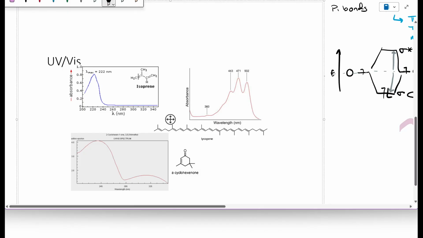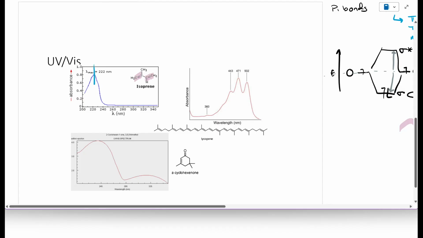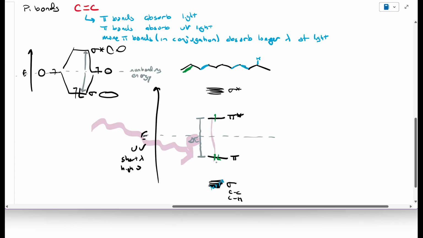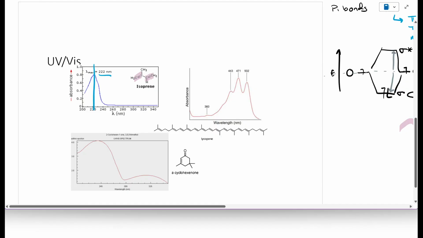Notice that isoprene, in this case, has 2 pi bonds. I'll talk about that in a second. This wavelength here, which they're telling us is 222 nanometers, is the energy required to excite the pi electron up to a higher energy level. That one photon with exactly that amount of energy, we call lambda max.